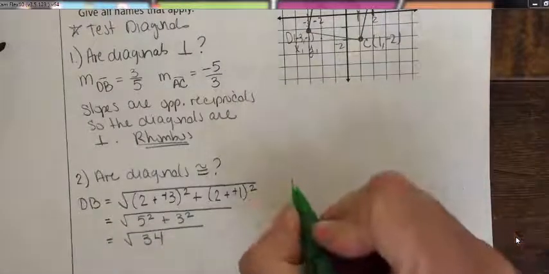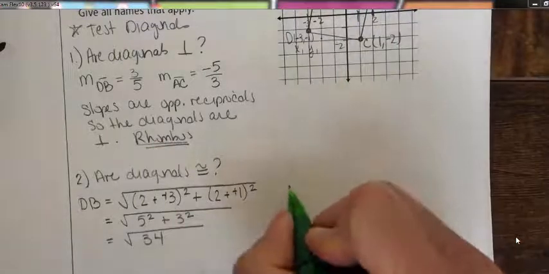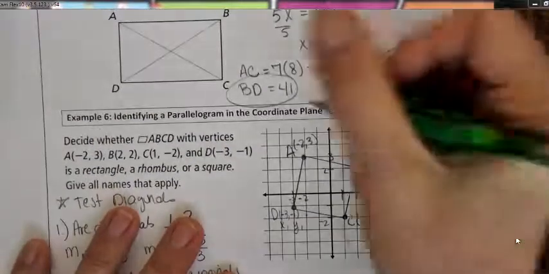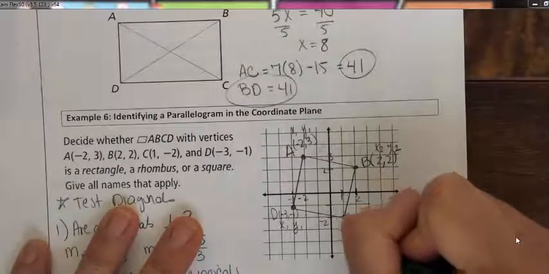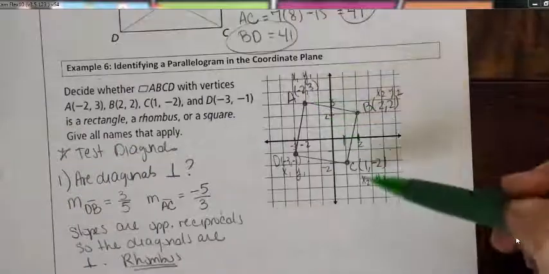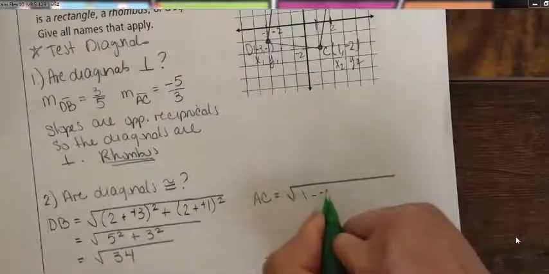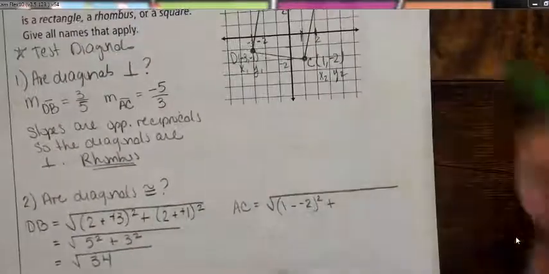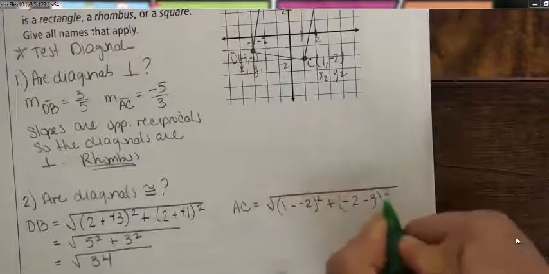Okay, and then we'll do the same thing for AC. So the length of AC, again, you can just call A x1, y1, and C x2, y2. And then you're just going to find the change in the x's. So 1 minus negative 2, square that, plus negative 2 minus 3 and square that.